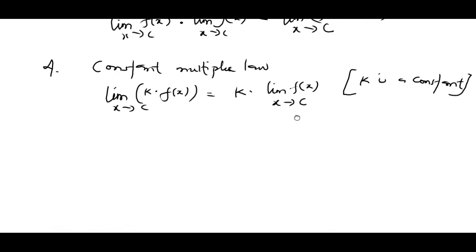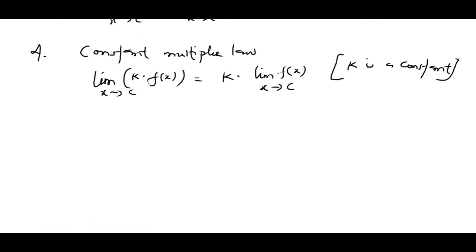Let's look at the quotient law. That's the fifth one. Quotient law. What does the quotient law state? It states that the limit of a quotient is the quotient of the limit, as long as the limit of the denominator is not 0.